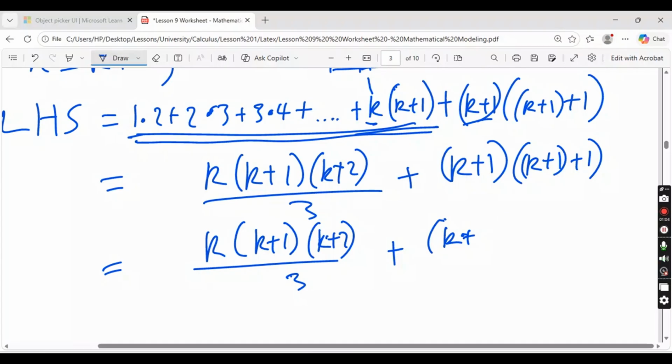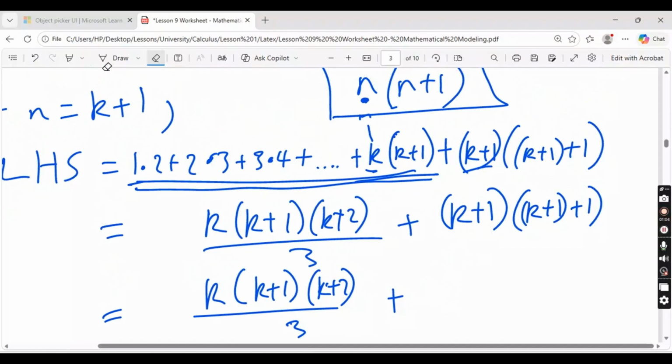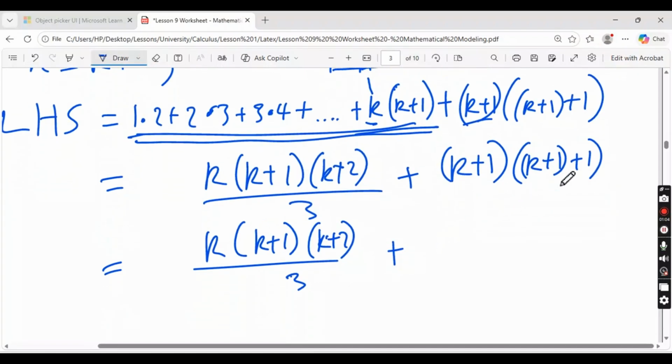So in this type of question, we shouldn't always expand. Why? Because we might be wasting a lot of time. What do I mean?